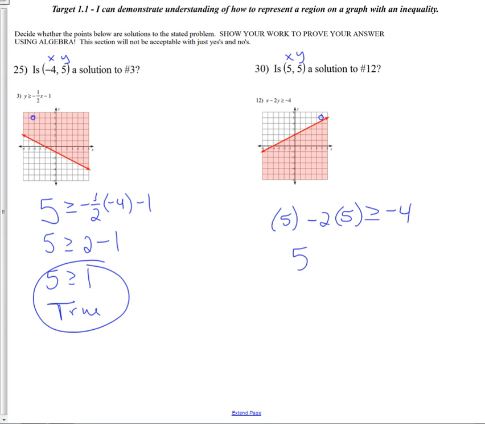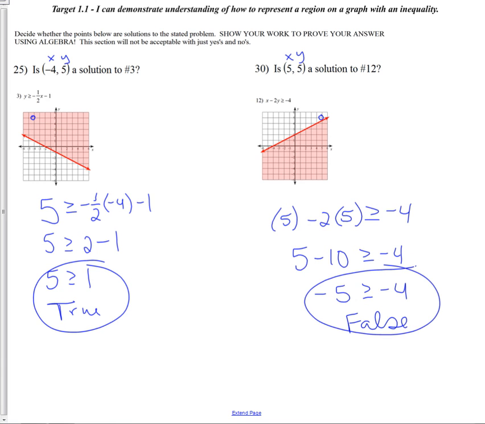So I have 5 minus 10. That's -5. So thinking about it, is -5 bigger than -4? Absolutely not. So this one is false. It is not a solution. Again, if you don't remember how to do that, rewind it so you can see.